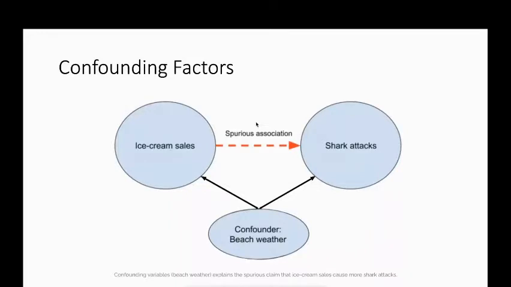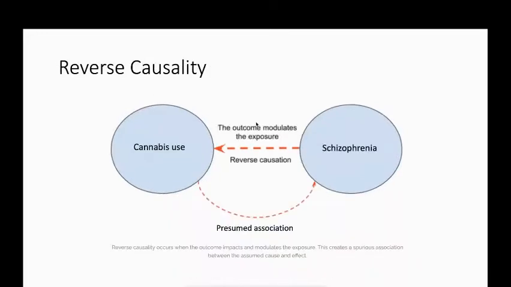Okay. And then the other concept we came across was reverse causality. And this is where the presumed direction of association actually happens in reverse. So the example here is cannabis use in schizophrenia.